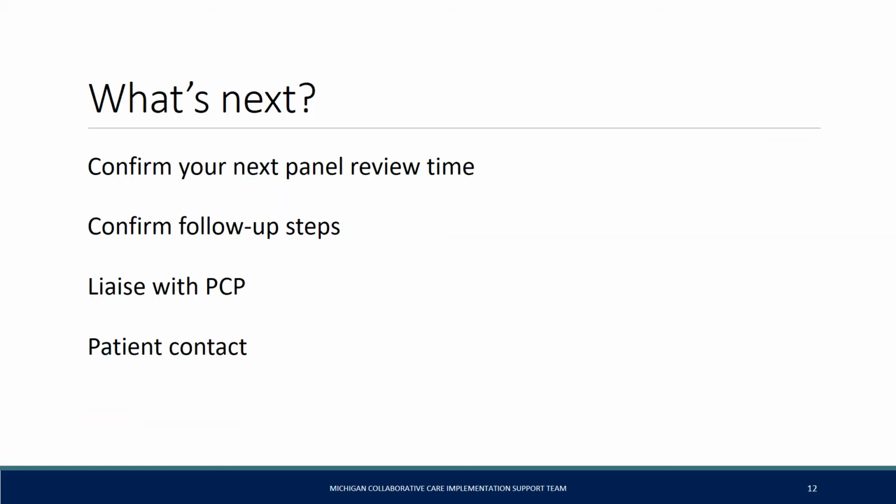So what's next after you've gone through this systematic panel review process? You've covered your urgent patients, you've talked about new patients, you have talked about specific case questions, you've reviewed the entire patient panel sorting by different categories to make sure you're not missing anything.